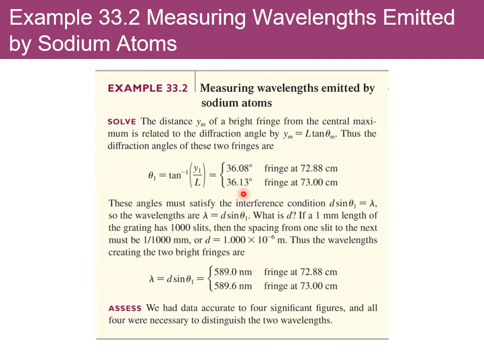Since lambda equals d sine theta with m equal to 1, we have that the two wavelengths are 589.0 nanometers and 589.6 nanometers, respectively.